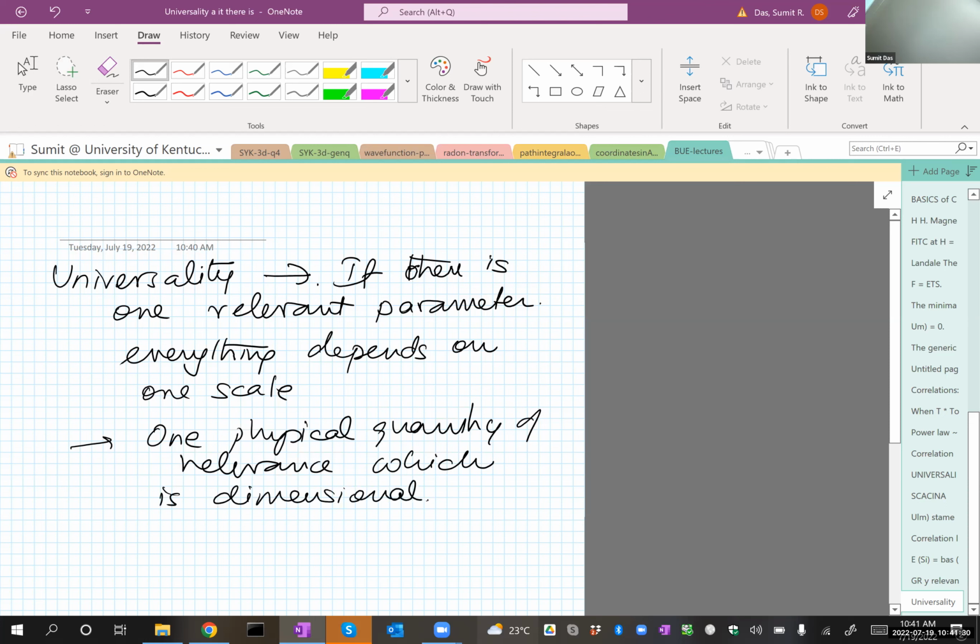And as you must be familiar, in many examples in physics, if there is only one quantity which carries some dimensions, then any other quantity can be determined by dimensional analysis. So the behavior of other quantities is determined by dimensional analysis.